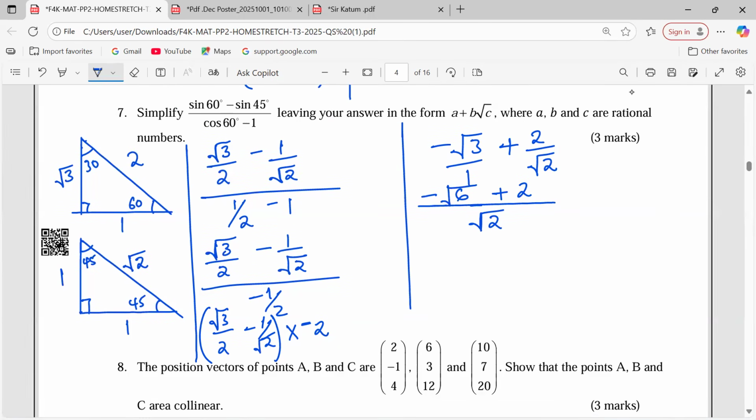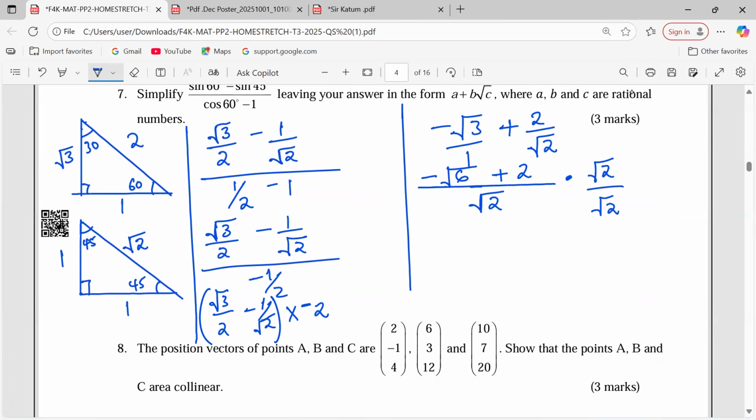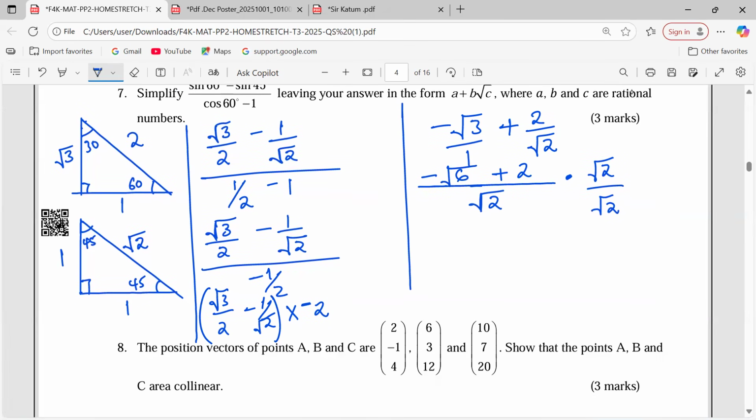Now this is a surd. It's still a surd. How do you simplify further to make sure that you don't have a surd at the denominator? The surd is not having 2 terms, so we can't talk about conjugate in this case. We just multiply by the same surd both in the numerator and also in the denominator to ensure that at the denominator we don't have any surd.